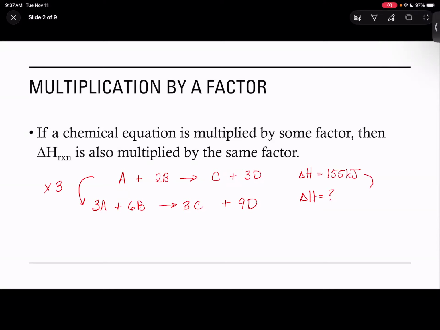You will do the exact same thing to the enthalpy. You will multiply it by 3. Therefore, the delta H for this second reaction is going to be 465 kilojoules.